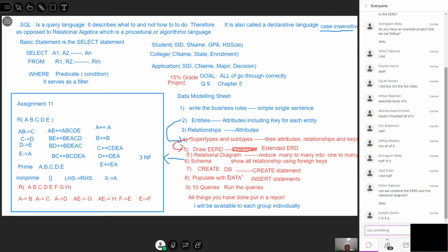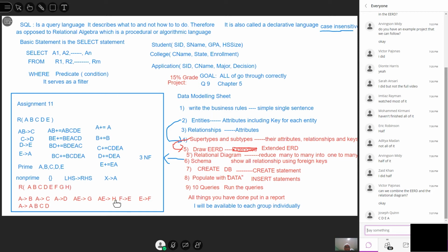Does A determine anything else? No. But A determines A, B, C, and D. Now, if you notice, you really need either E or F, one of them.